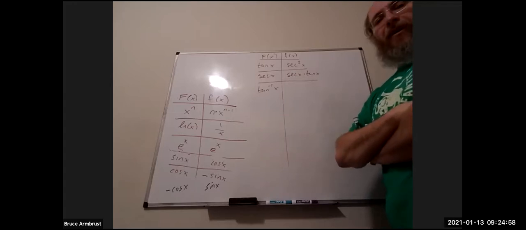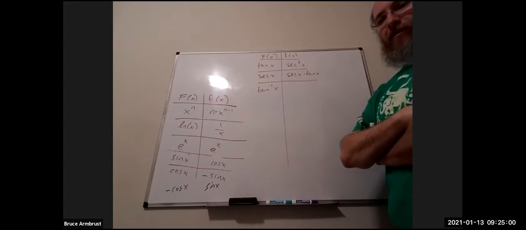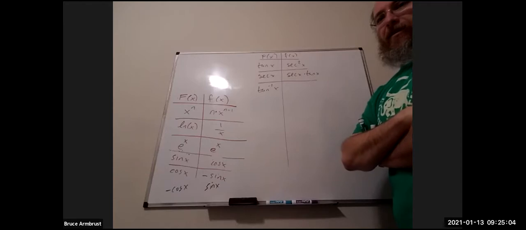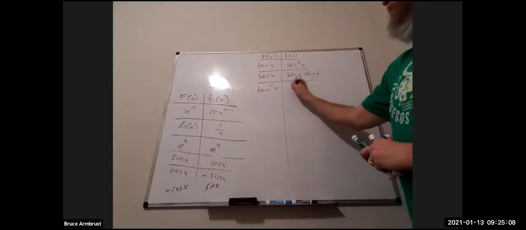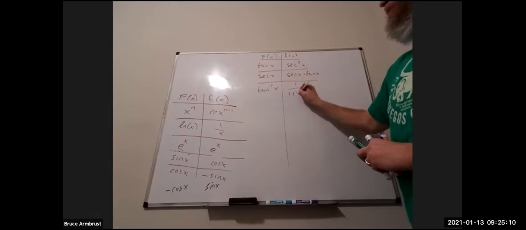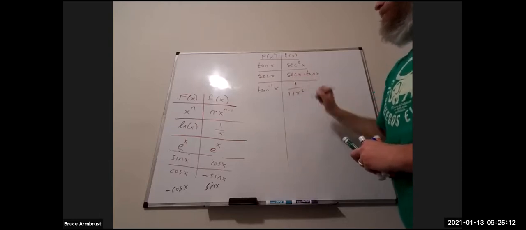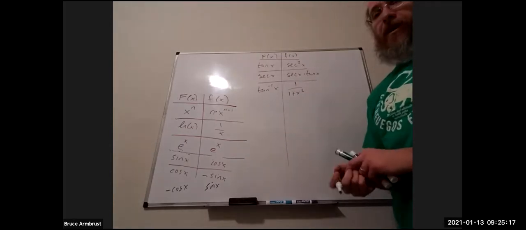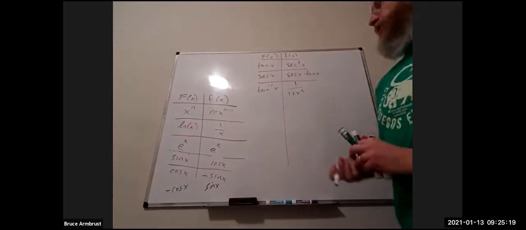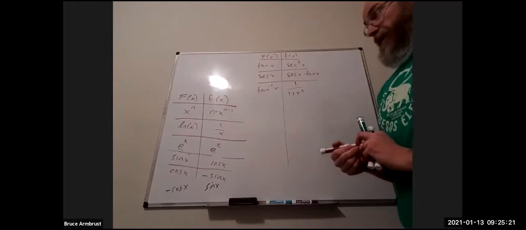So anybody remember its derivative? Beautiful, good job, Brittany. It's 1 over 1 plus x squared. So if we have the form 1 over 1 plus x squared, we anti-differentiate, we're going to get inverse tangent.